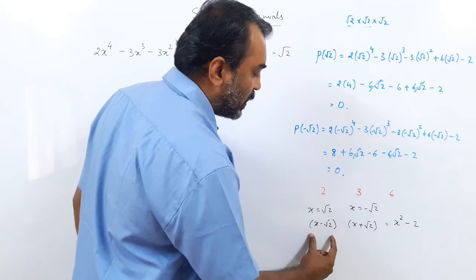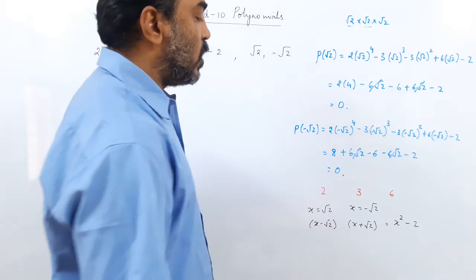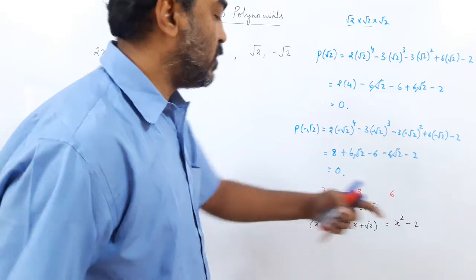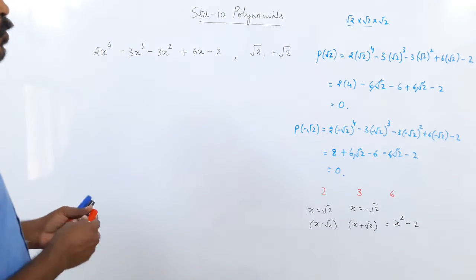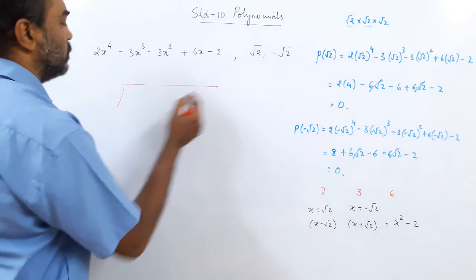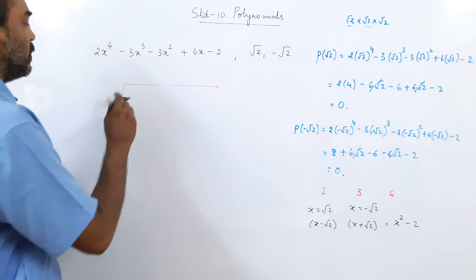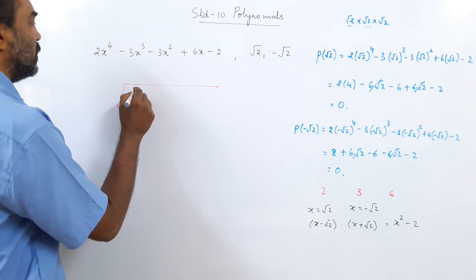If these both are factors, then the multiplication of both is also a factor. So now we know that x square minus 2 is a factor. So what are we going to do then? The long division. Yes, we'll do the long division because we know it is a factor. So we'll do the long division now.